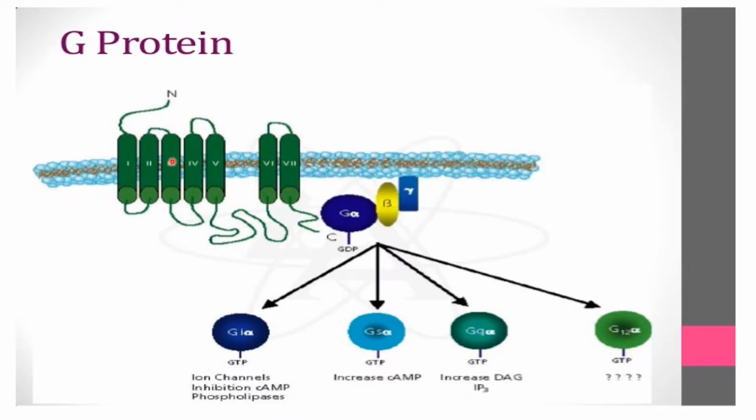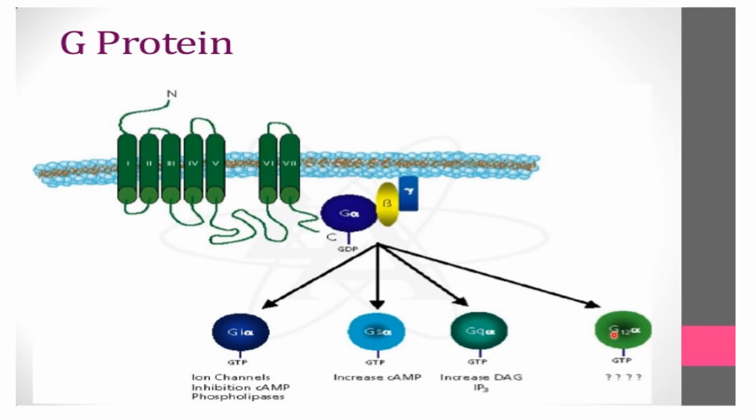The G proteins have many types. G proteins may be Gi, that means G protein with the inhibitory reaction. The G protein may be Gs, Gs means G protein with stimulatory effect. Likewise, one is Gq alpha and G12 alpha.